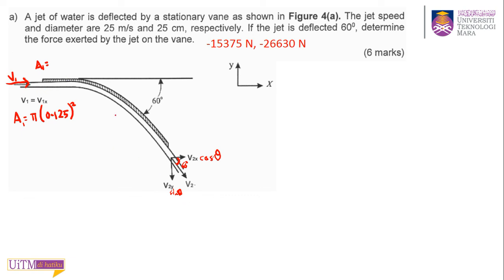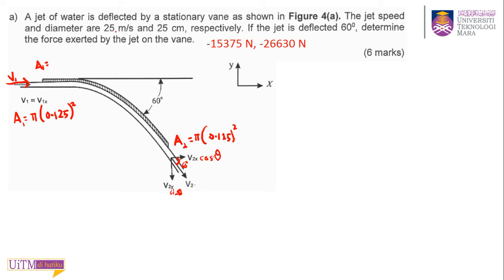And then this area is the same lah, so it's just the same jet water. The cross section of this point and this point is the same, so area tu pun pi times diameter jugalah, 0.125 square, radius dia square.